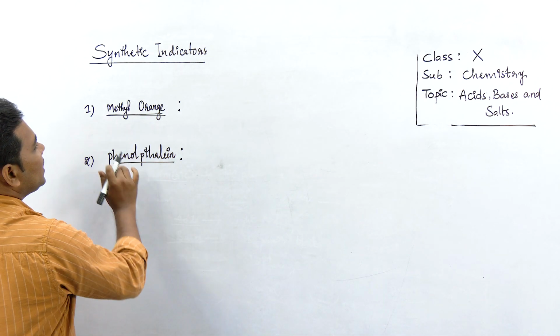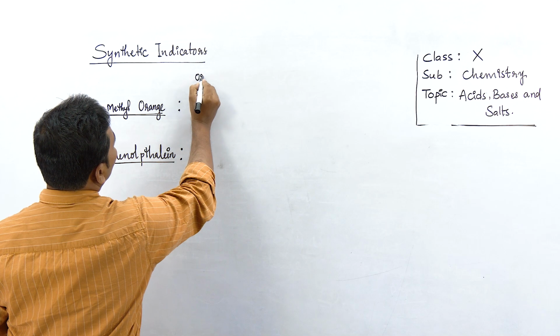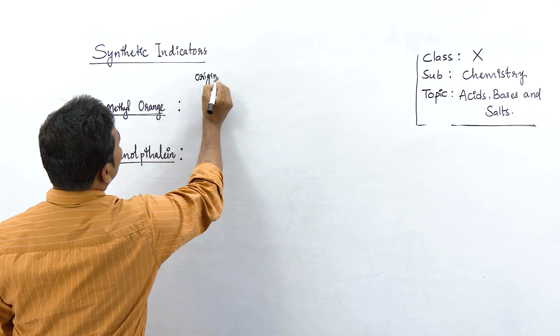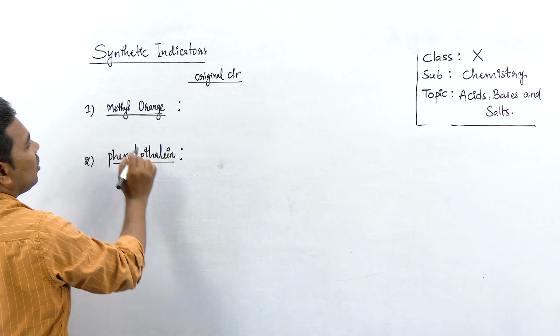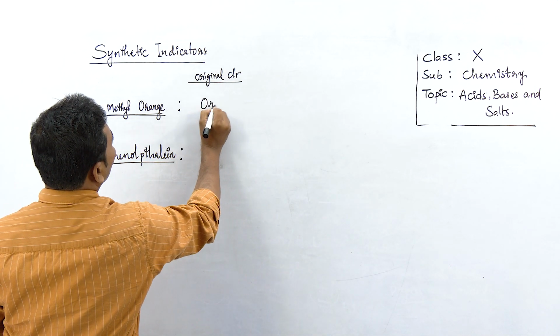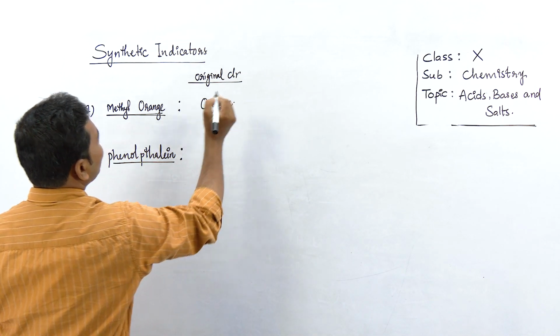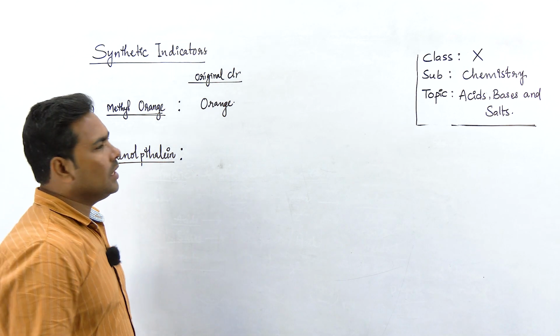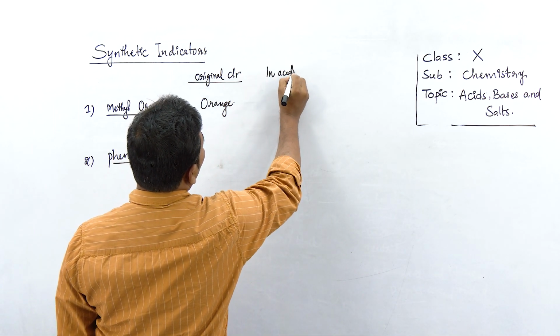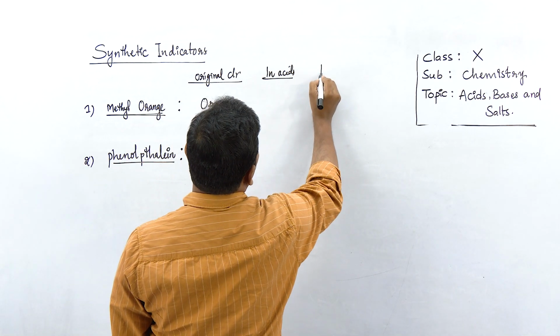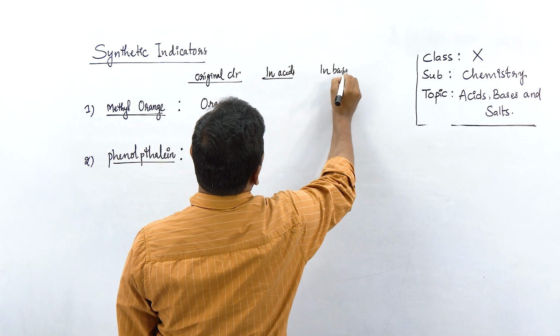So first, methyl orange. What is its original color? We can see its original color from its name. It's methyl orange. The original color of this methyl orange indicator is orange. Then how does this methyl orange color change in acidic solutions and in basic solutions?